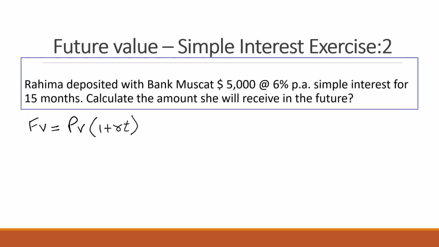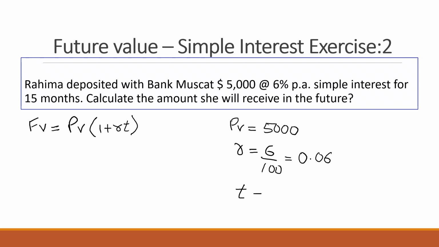Now we will write whatever values are given. So my present value is given here, which is 5,000. What is my rate of interest? Rate of interest is 6%. 6% means 6 divided by 100, which will be 0.06. Then what is my time?